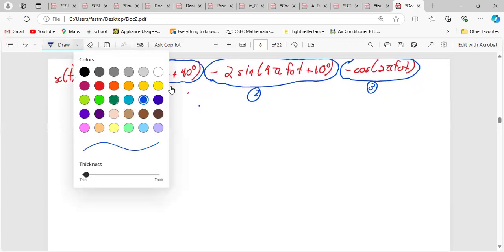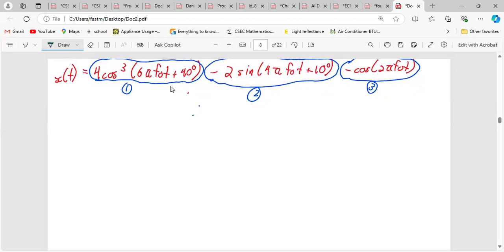So one is our trig ratio, obviously, right? And the trig ratio for cos cubed x is just cos 3x plus 3 cos x.